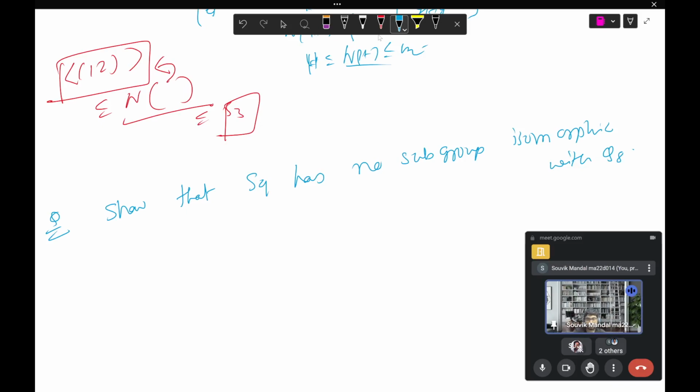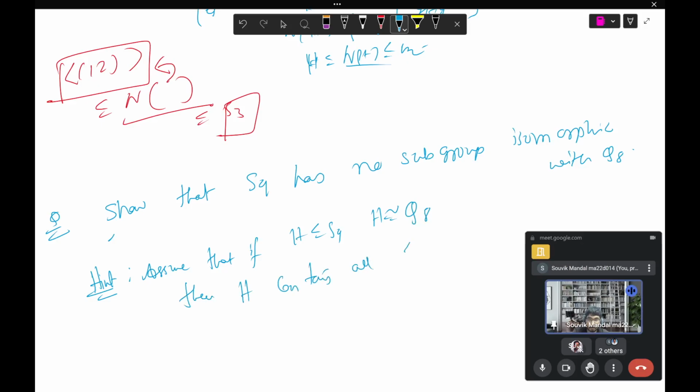Any idea? Okay, so the first hint is: assume that if H is a subgroup of S4 isomorphic to Q8, then H contains all 4-cycles.